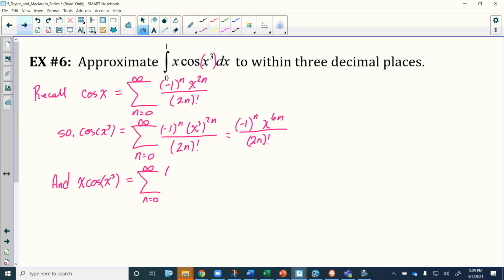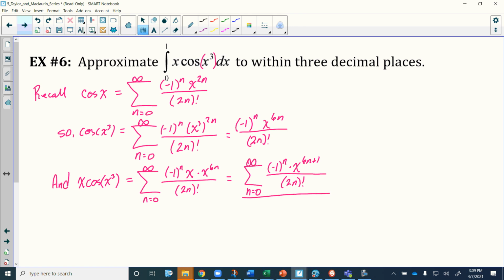And I'm going to wind up with negative 1 to the n power. We're bringing in the x, which of course is multiplied by x to the 6n that was already there. And all of it is divided by 2n factorial. And of course we can simplify the expressions here. So my final series, n equals 0 to infinity, is going to be negative 1 to the power of n times x to the 6n plus 1 power divided by 2n factorial.